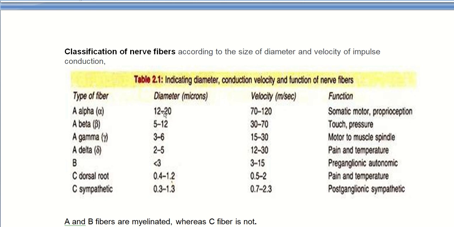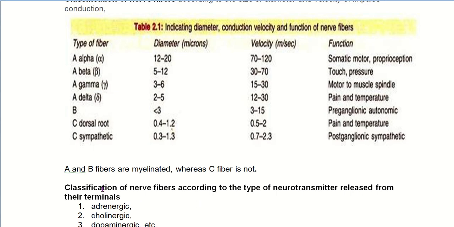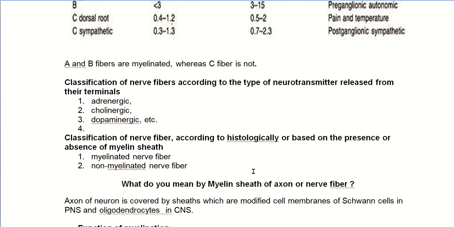You see the diameter is gradually decreased, and velocity of the nerve conduction is also gradually decreased. The functions are displayed in this table. A and B fibers are myelinated, whereas C fiber is not myelinated.